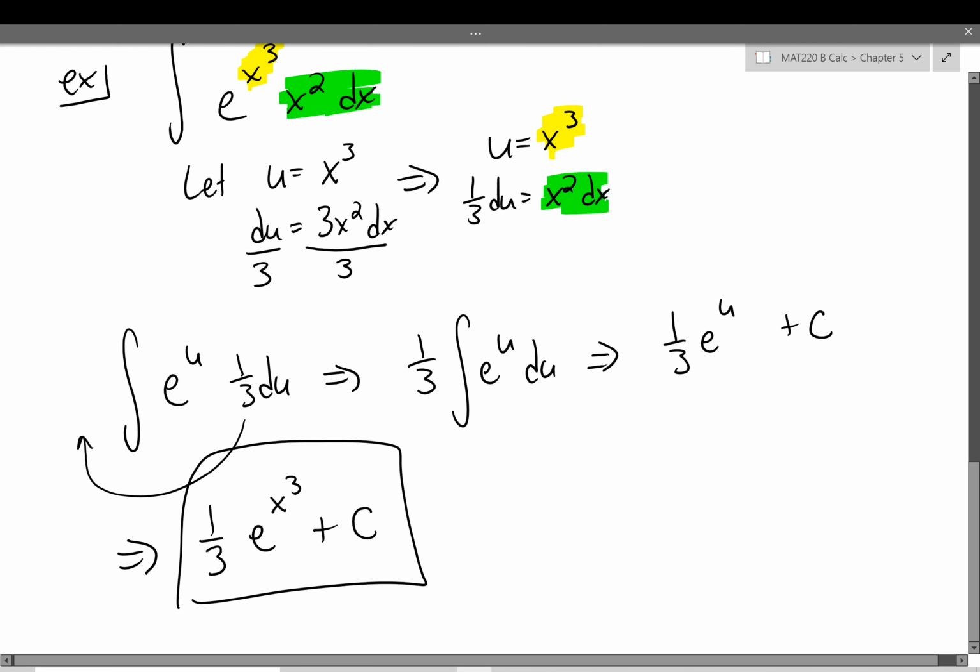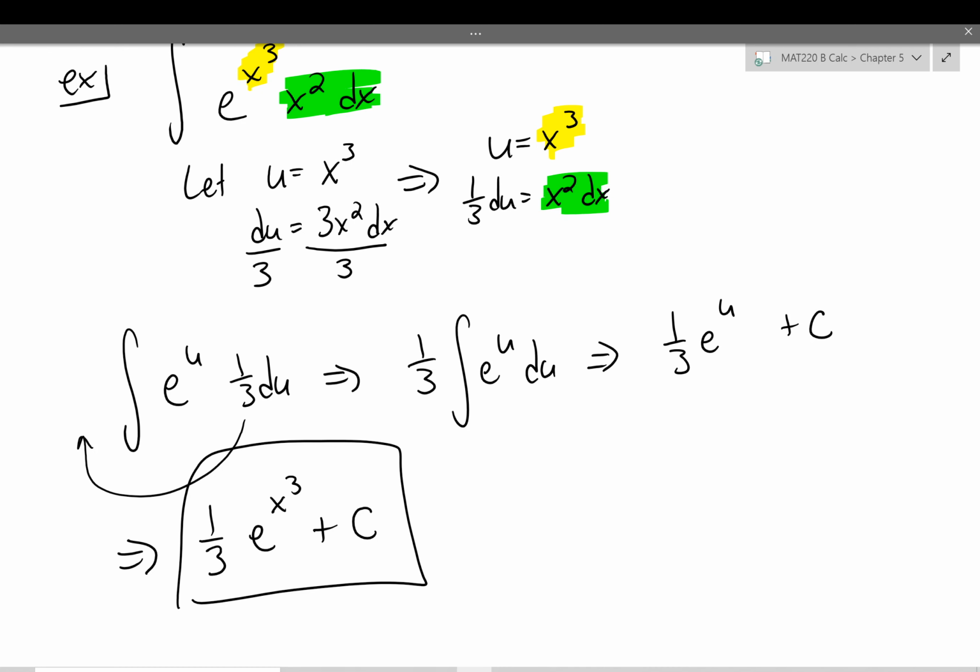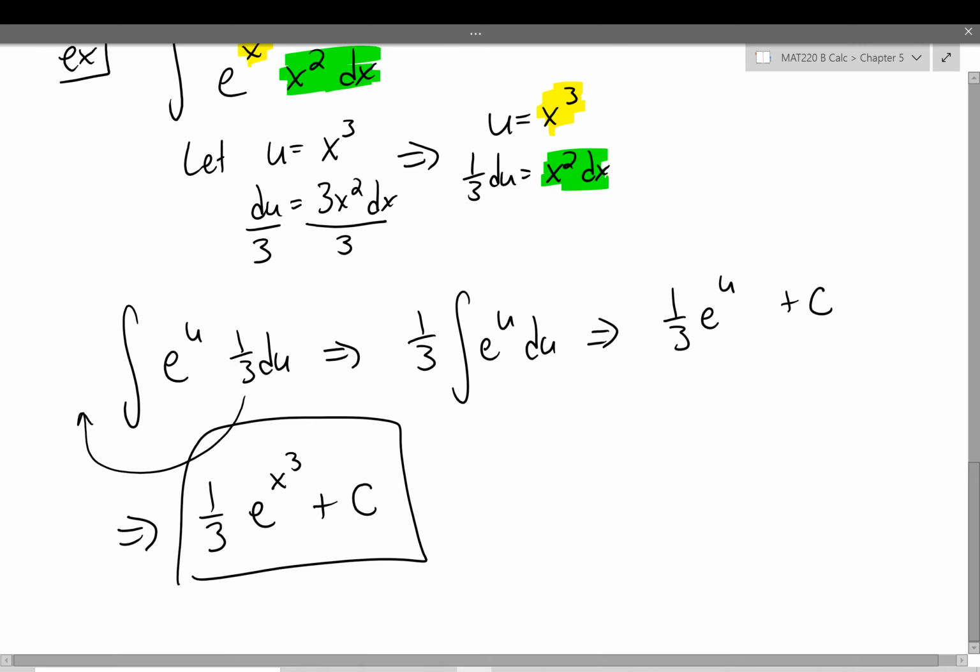And there's your answer for that problem. The more you actually do this, the easier and easier this gets. U-substitution allows us to take what look like chain rules and integrate them very quickly. Okay? Let's try another example here.